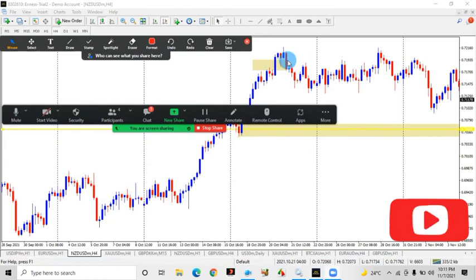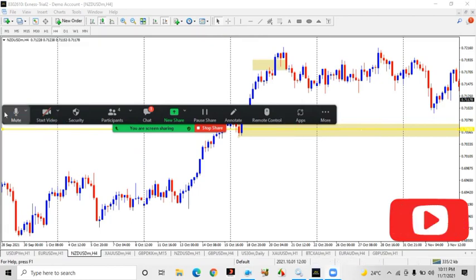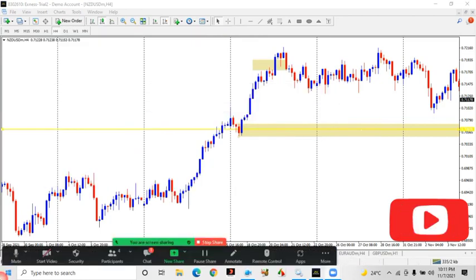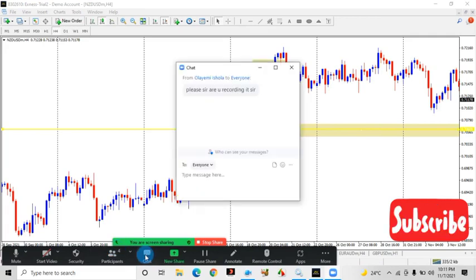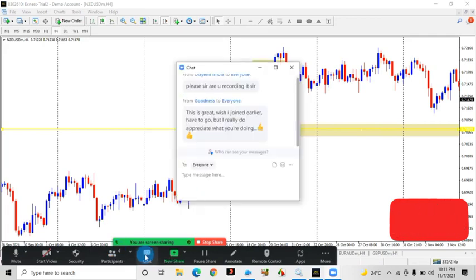So what's the low of it? Look at the downside there. What's the low there? Look at the downside of my screen. This is blocking it.